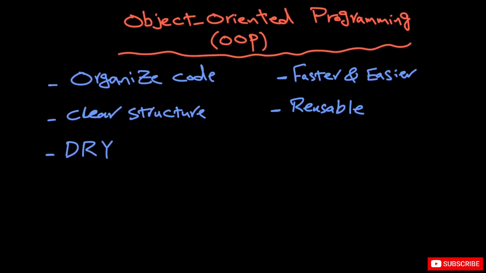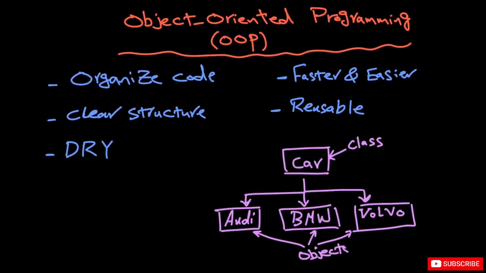For instance, here we have a class called car, and based on the template we create three instances. Simply, an object is an instance of a class, exactly as in this example here.